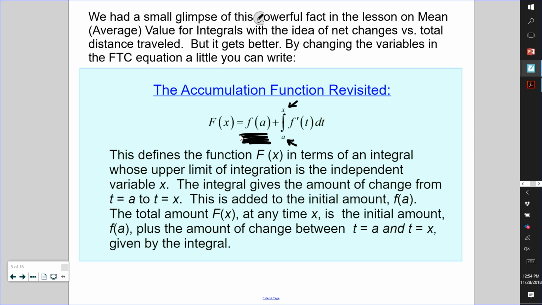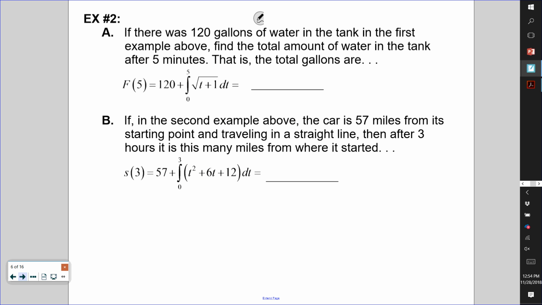You will totally understand this way better in a minute, because we're going to do a whole bunch of these. It'll make sense. But that initial amount is what people tend to miss. They do the integral, but they forget that, and then that messes everything up. So let's see how that all works.